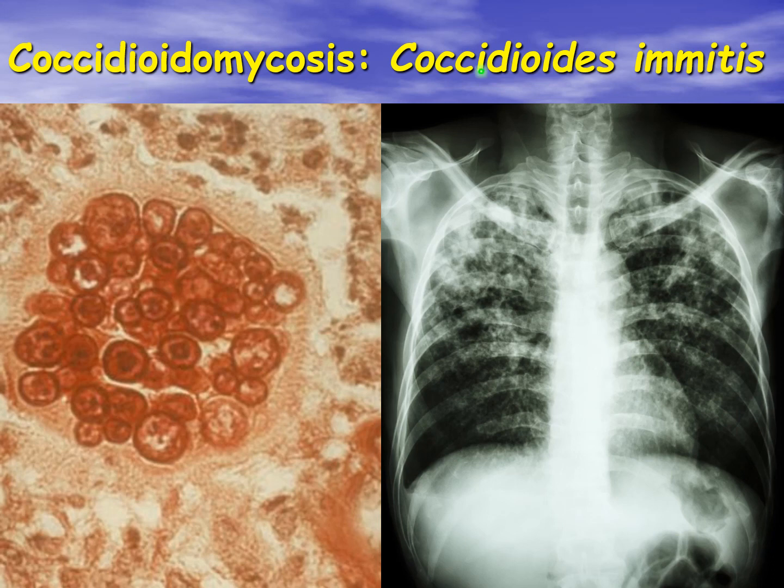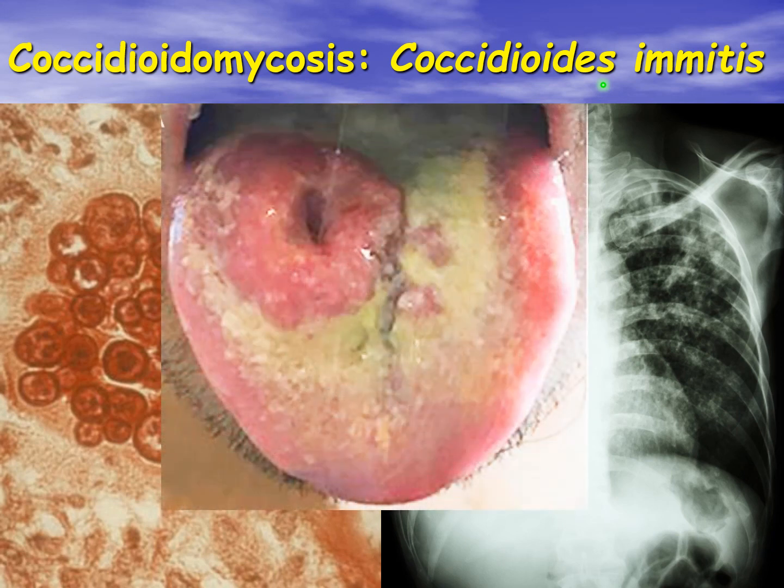And many of these, in fact, all of these systemic fungal infections tend to form what we call a snowstorm pattern in the lung field. So it kind of looks like it's been snowing there. Coccidioides immitis is found in dry desert alkaline soils. So we primarily see coccidiomycosis out in the southwestern United States.